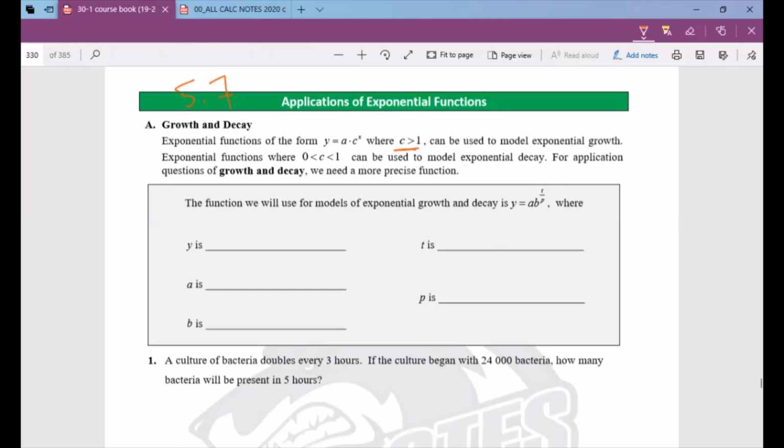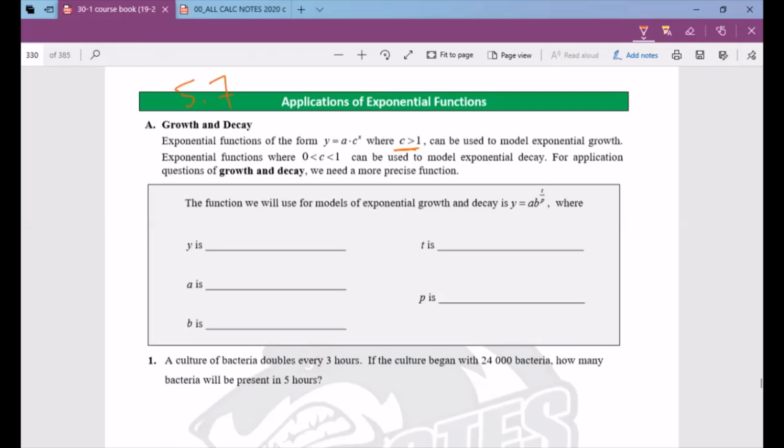If it's greater than 1, it's going to be growing because you're multiplying your initial amount of a times this c a certain number of times, depending on what x is. If it's between 0 and 1, our value will be declining, and it's called decay. So there's two forms of c. Between 0 and 1 is decay, and greater than 1 is growth. So we're going to look at this in a little bit more detail.